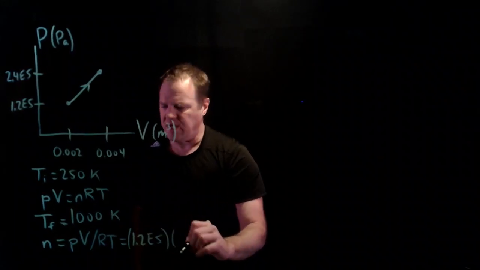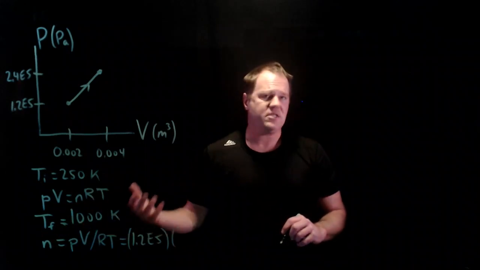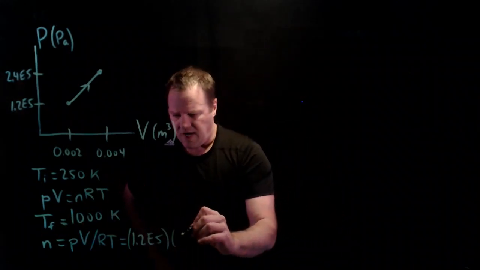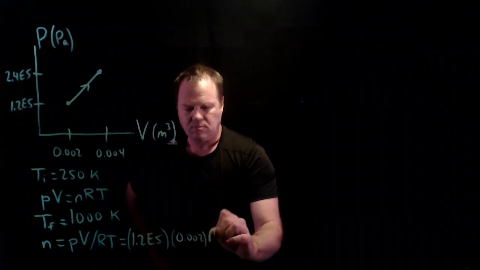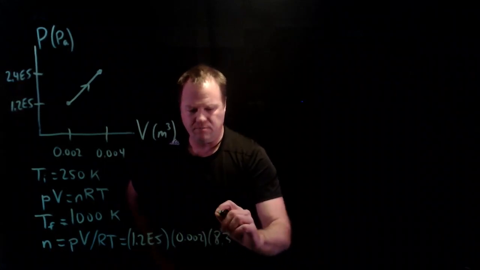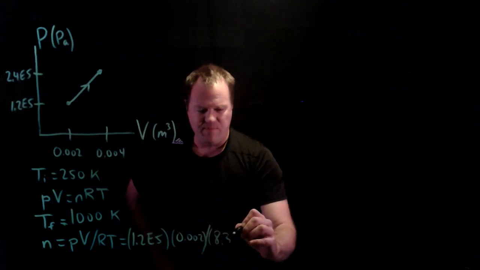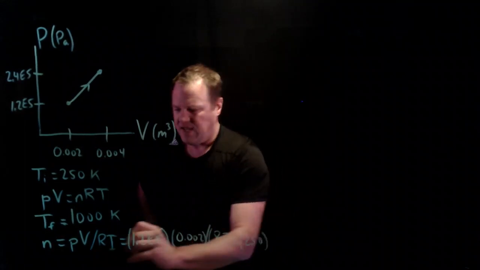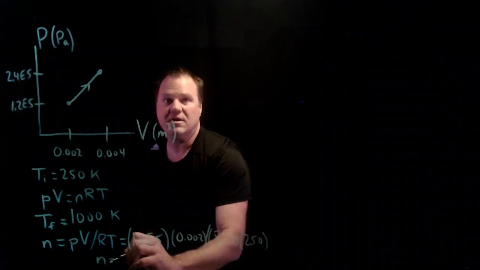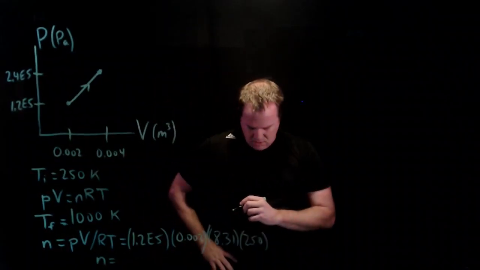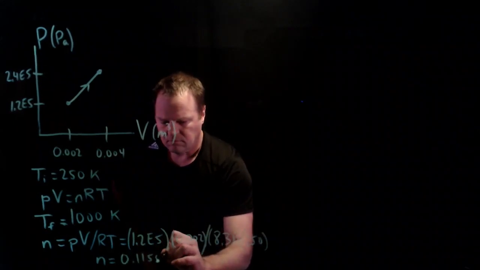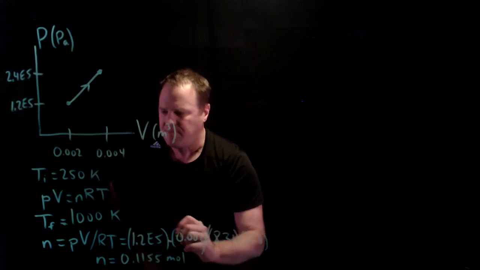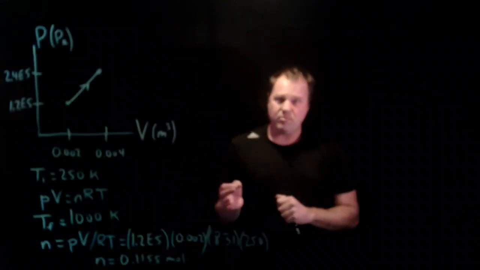I'm going to throw in SI units here, so I'll get SI units of moles for n. Volume of 0.002, divided by R of 8.31, and a temperature of 250, and I end up with n equal to 0.1155 moles.